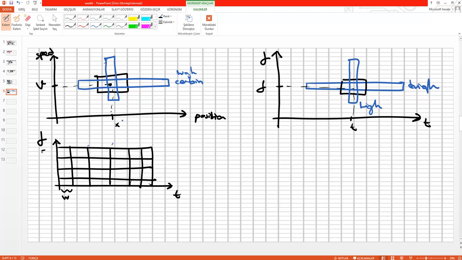For example, this is 50 Hertz, this is 20 Hertz, and this spacing does not narrow or expand. But in the wavelet transform, we can generate this kind of pattern, like this one, t and f.